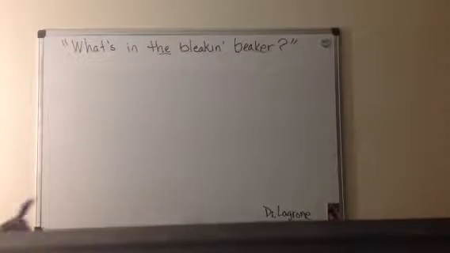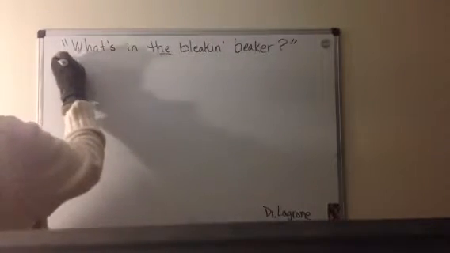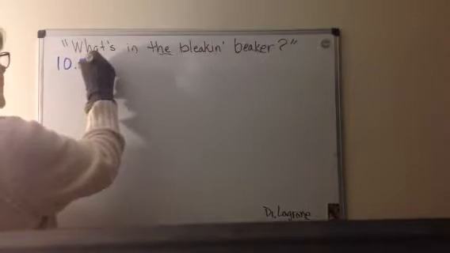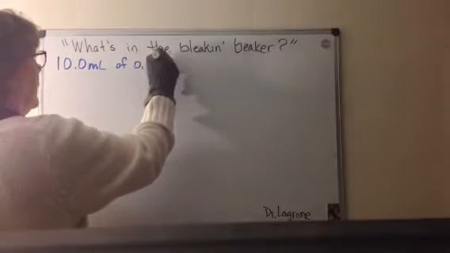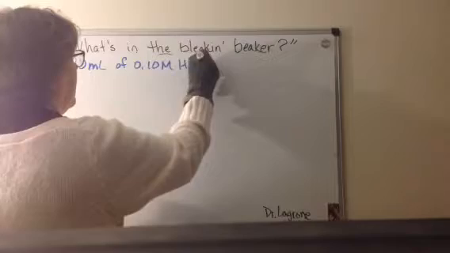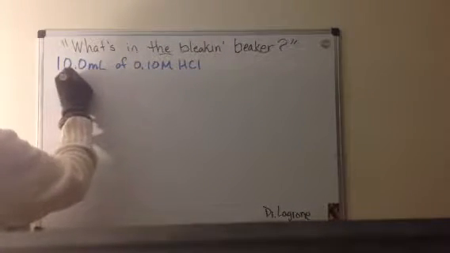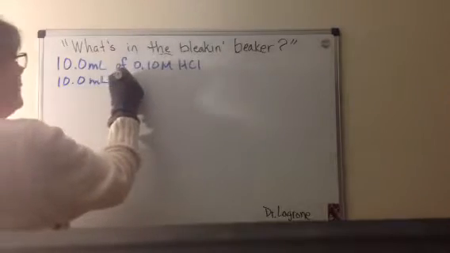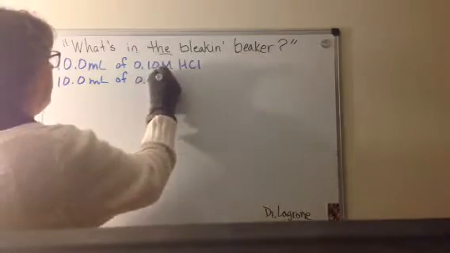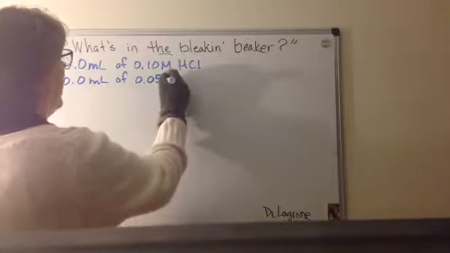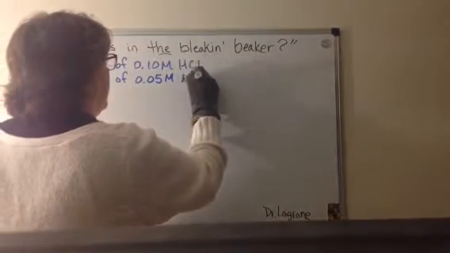I won't say they're more difficult, but let's start with, say we're going to add 10 milliliters of 0.1 molar hydrochloric acid to 10 milliliters of 0.05 molar ammonia.